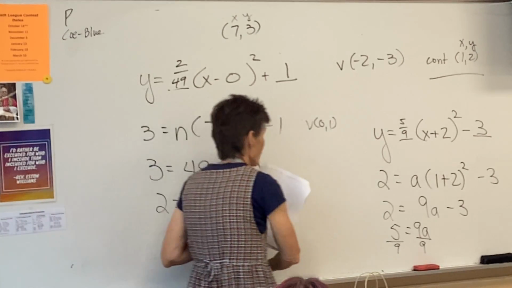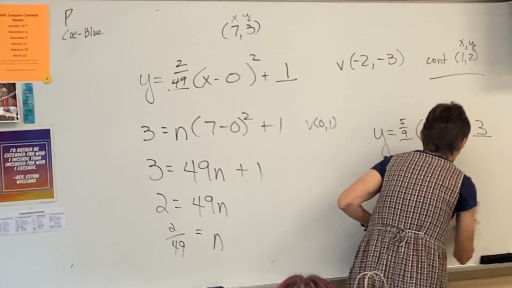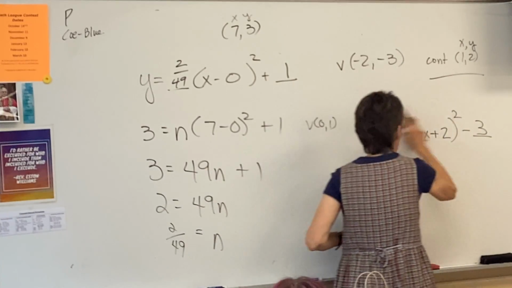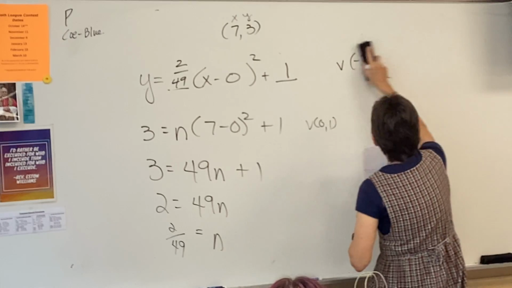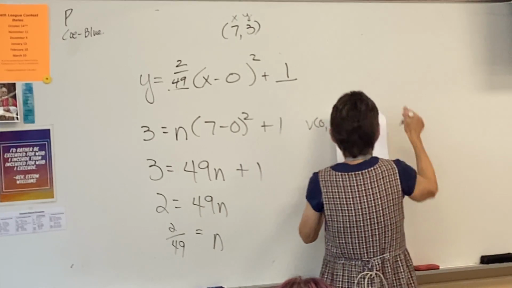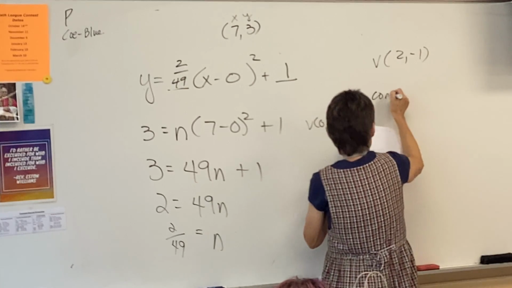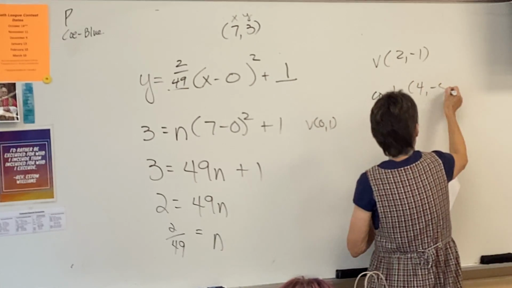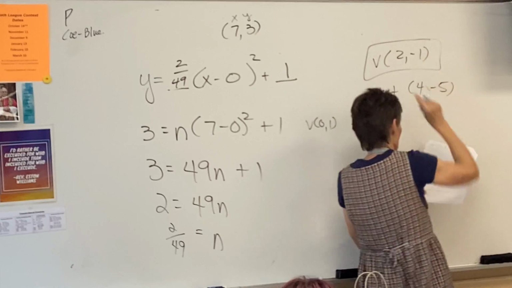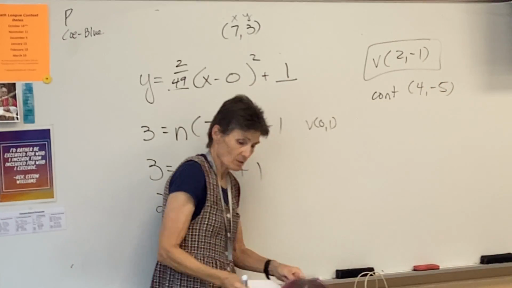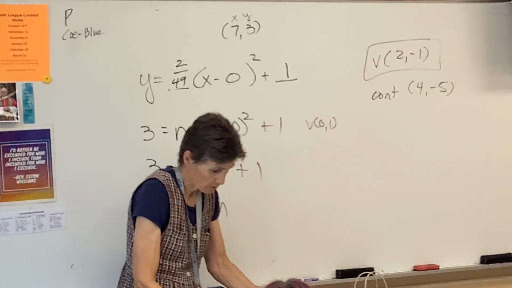All right, last one of this type. Here we go. Vertex is a 2, -1, and it contains the point 4, -5. Always start with your vertex. Guys, always, always, always start with the vertex.